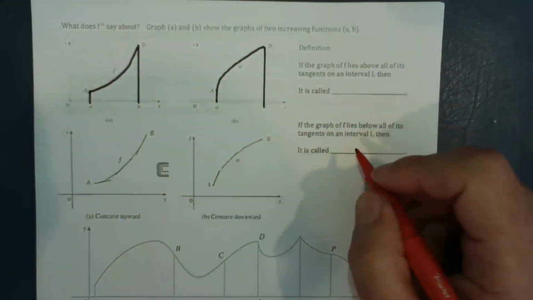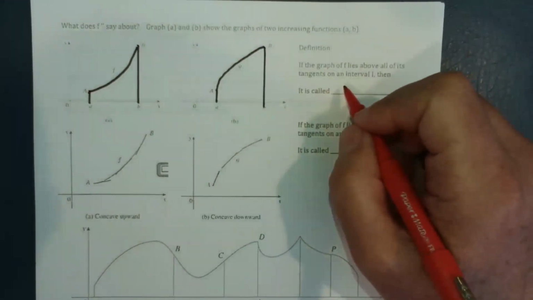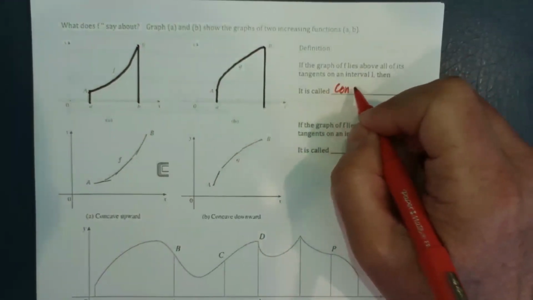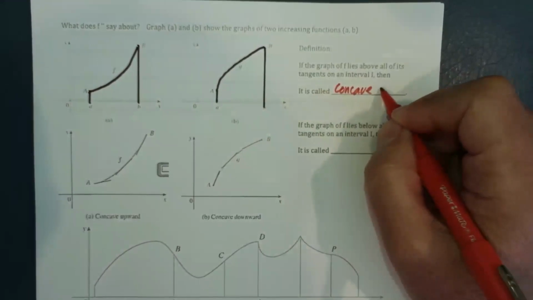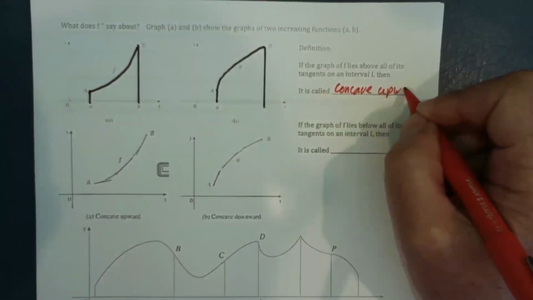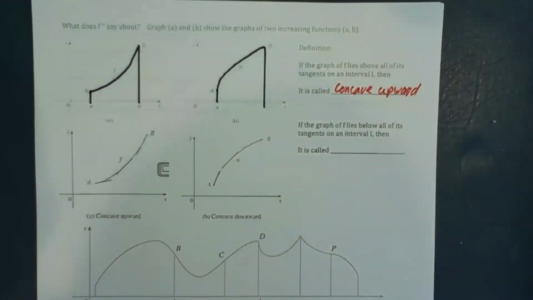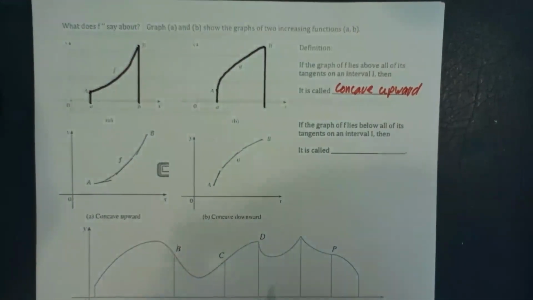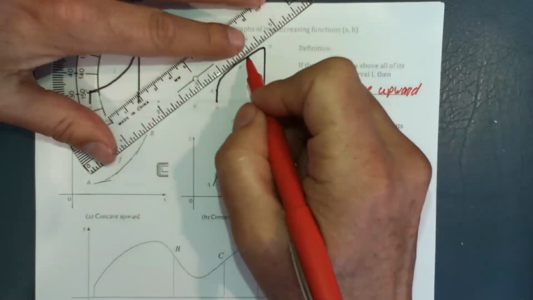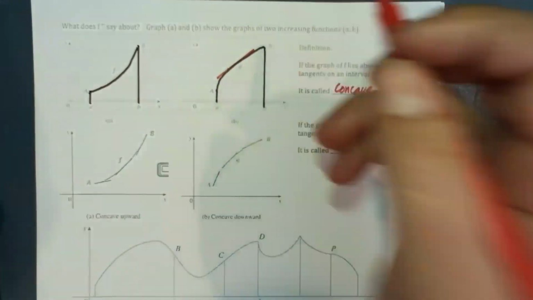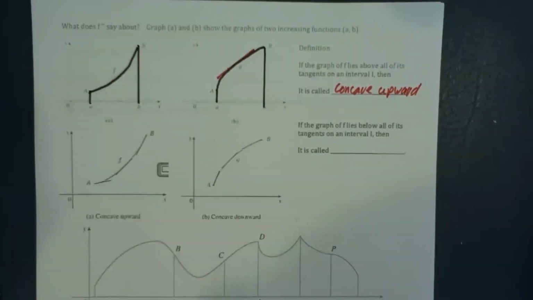If it's above, then we say that it is concave upward. So again, if the tangent is below the graph, then it's concave upward.